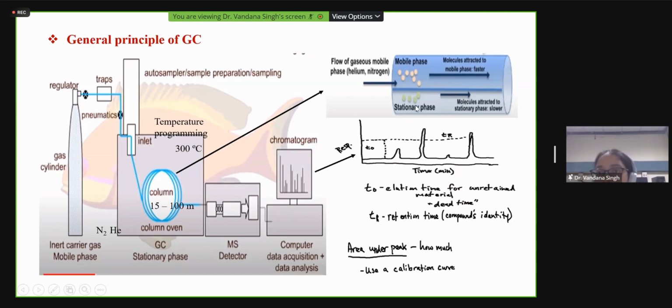So in this case, the stationary phase is a liquid immobilized over a solid support, and the mobile phase, as we know, is a gas.